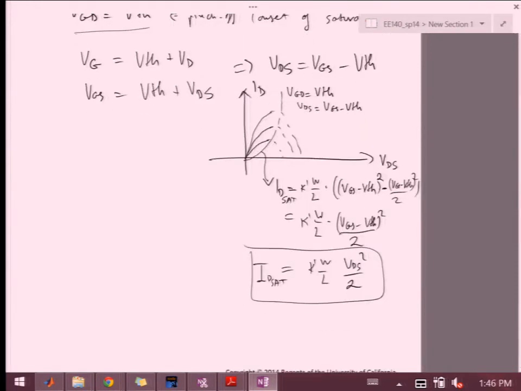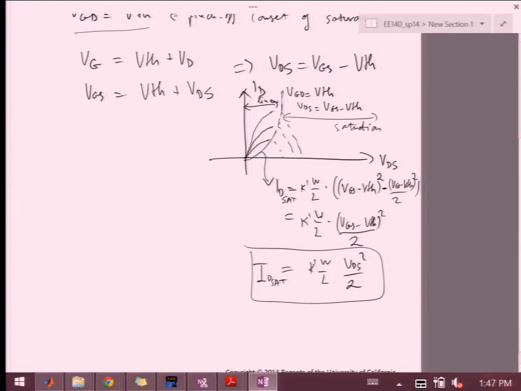So if you look at this, it essentially depends on the square of the drain source voltage, and that's really this curve over here. So this curve marks the boundary between the linear region and the saturation region for the transistor. Right? So everything here will be linear region, and everything over here will be saturation.